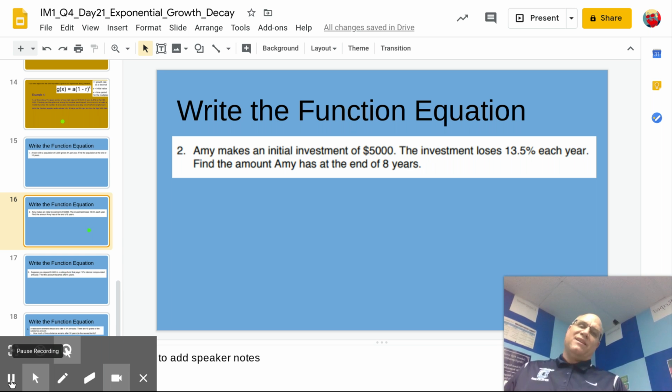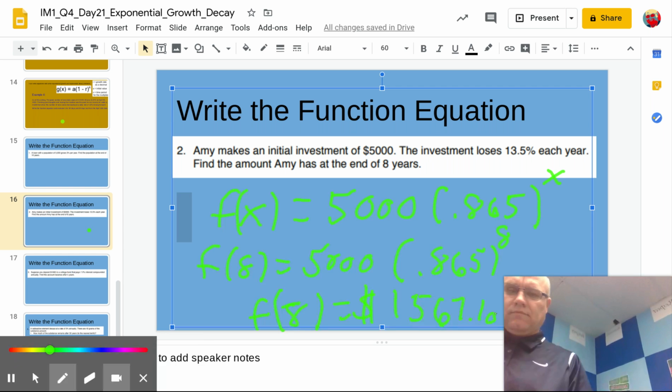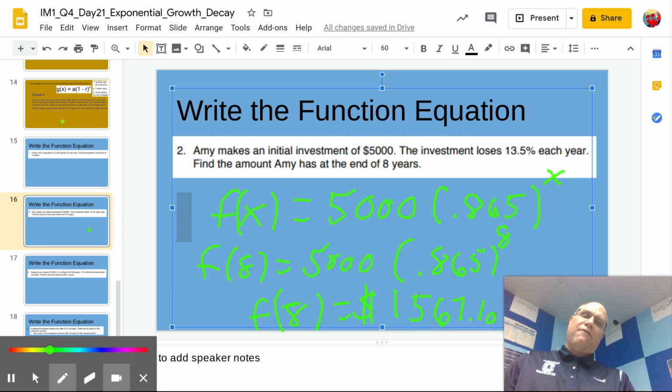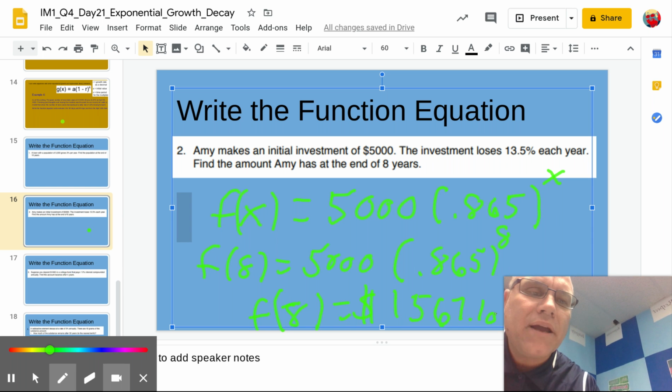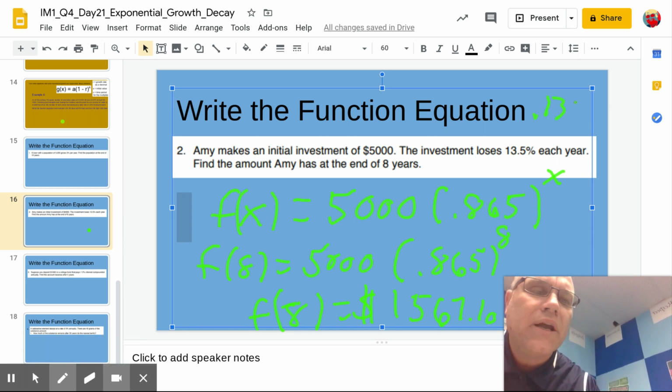So anyway, this is an example of losing money. You're losing 13.5% per year. And how much does she have left after 8 years? So write the equation for me at least. And bonus is, can you come up with a number? So the equation is f of x equals 5,000 times 0.865 to the x. How do we get the 0.865? 13.5% is 0.135.